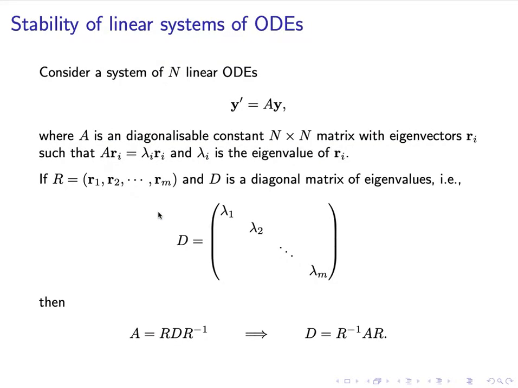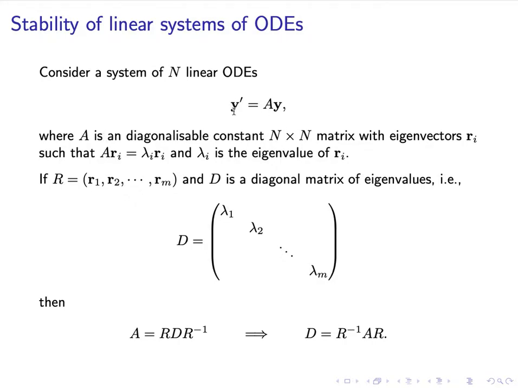Okay, well that was just for a single ODE. What about when we have a linear system of ODEs? So we're going to look at our analysis for a system, and here we have a vector y, which is y1, y2, y3, etc. And we have a coefficient matrix A, which we're going to say is a diagonalizable constant n by n matrix.